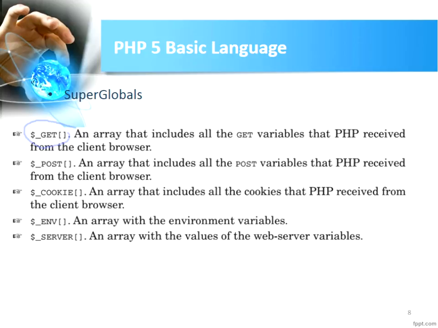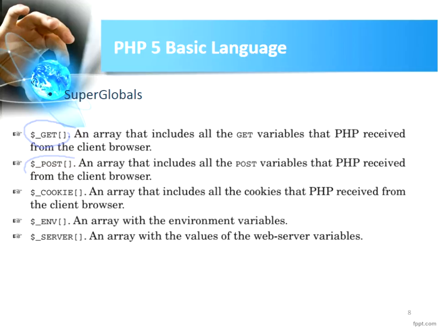It is an array that includes all the GET variables that PHP received from the client or browser. $_POST. So superglobals are predefined global variables or structures, and we can use these structures for a specific task.